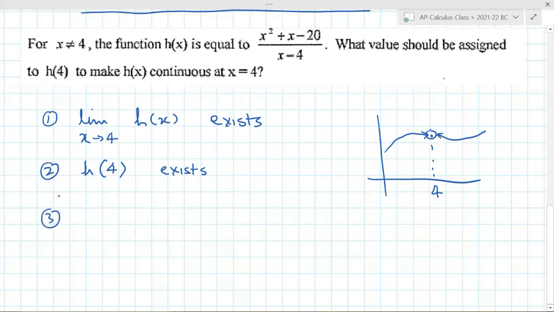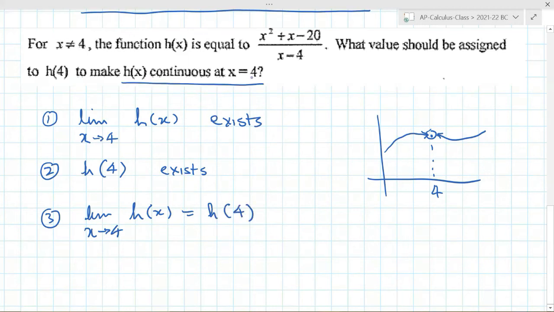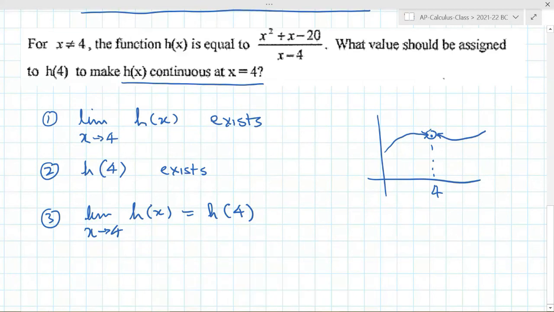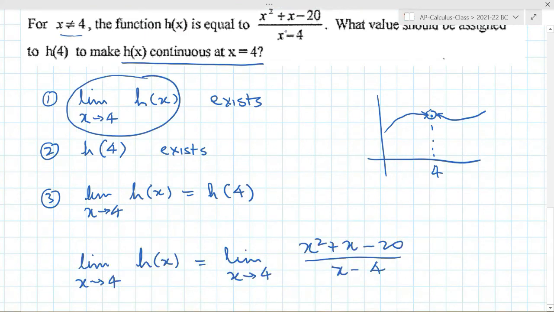Number 3, the limit as x tends to 4 of h of x equals h of 4. So for it to be continuous, these 3 have to be true, right? h of 4 does not exist right now, right? We have to introduce that. And the limit has to be the same as that. So I need to figure out what this limit is, right?